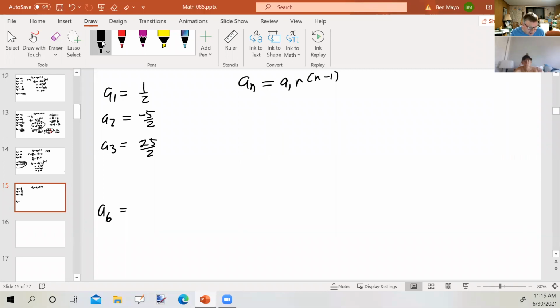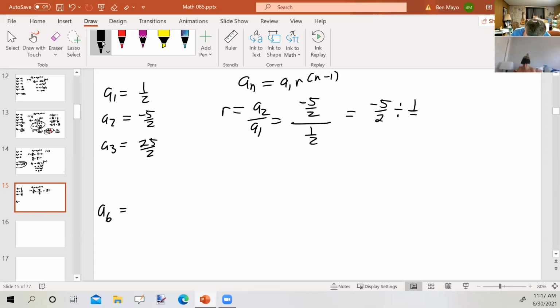So I can take any term in the sequence divided by the previous term. We'll say r is equal to a sub 2 divided by a sub 1, which is -5 halves divided by 1/2. Recall that dividing by a fraction is like multiplying by the reciprocal of that fraction.